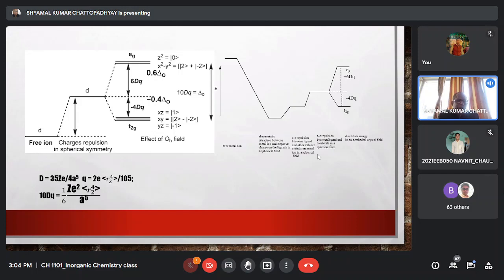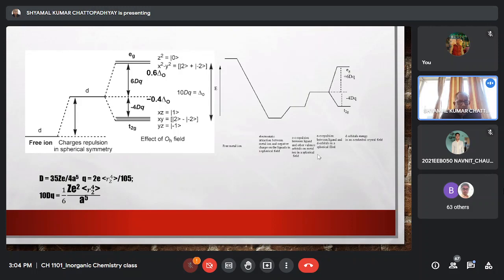Now, before proceeding further, I must again tell you that very often in chemistry books, the importance of crystal field splitting is overstated, in the sense that we overestimate its importance, and we try to explain almost everything in chemical bonding in metal complexes using crystal field.